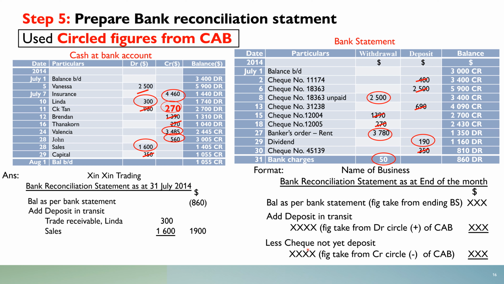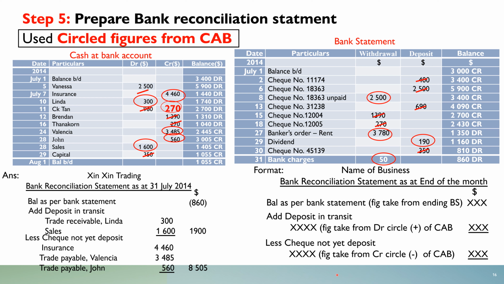So I'm going to record these three circled figures here. Insurance 4,460, and then Valencia, this is a minus, right? Obviously it's a trade payable. We are paying the supplier. So trade payable Valencia, and then John 560.